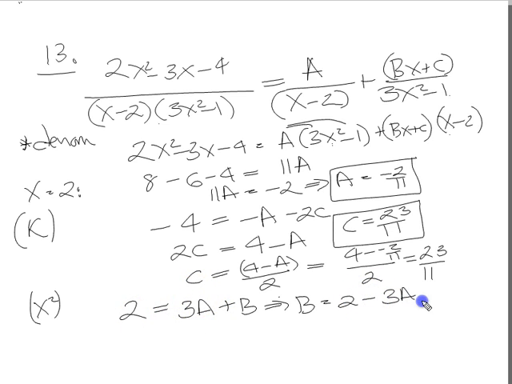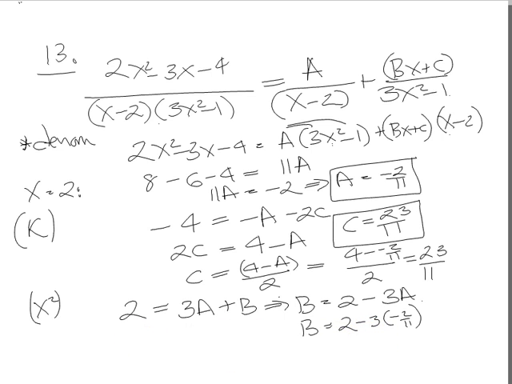I'm reading it from right to left. So there's B, 2 minus 3A. So B equals 2 minus 3A. A is minus 2 elevenths, so it's equal to 2 plus 6 elevenths, isn't it?